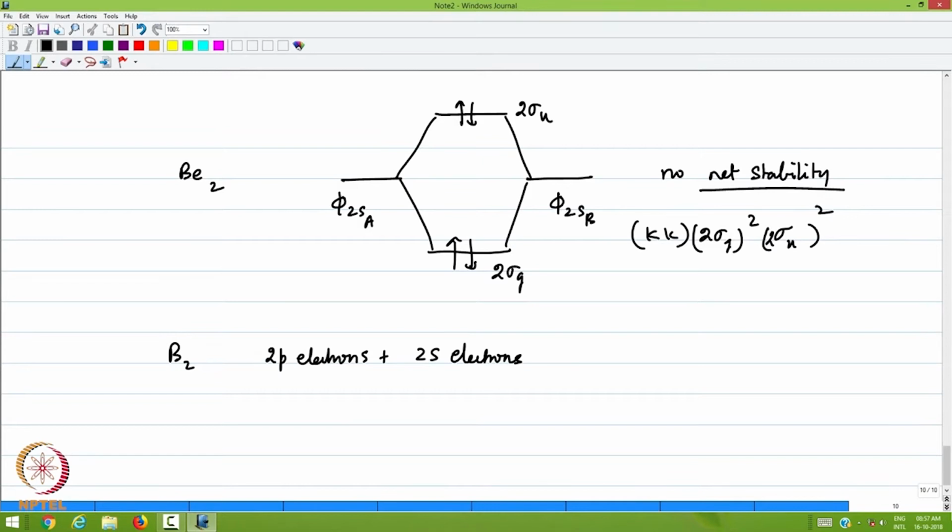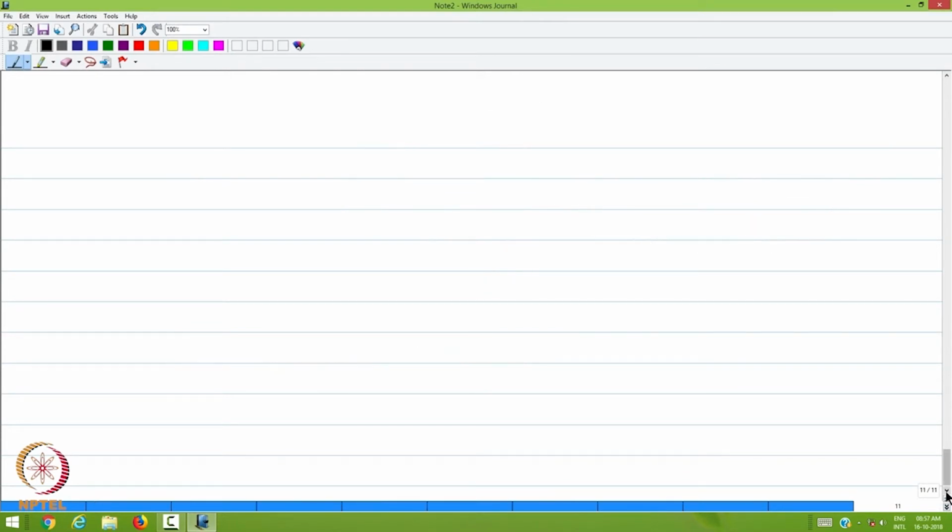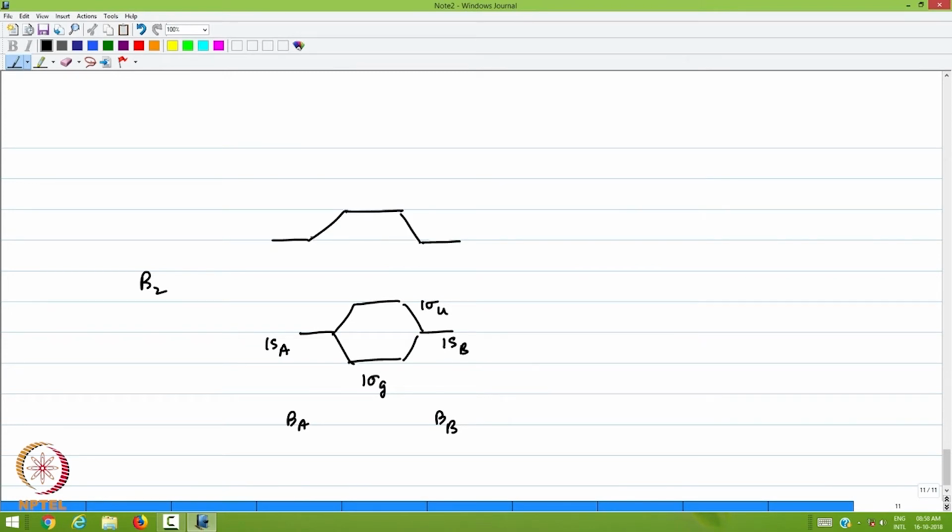So, let me write down the full electronic configuration of boron. If you have to write the 1s A for boron atom A, and this is the boron atom B, 1s B, this of course forms the molecular orbitals 1 sigma G, 1 sigma U. Then you have the 2s electrons forming a 2 sigma.